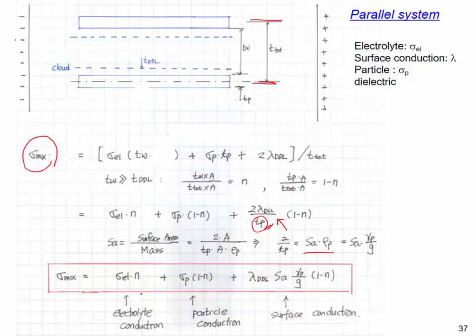So here the gamma is the unit weight, the particle's unit weight over g, which is the same as the density. So this assumes the parallel alignment of the constituents, parallel to the electric field.